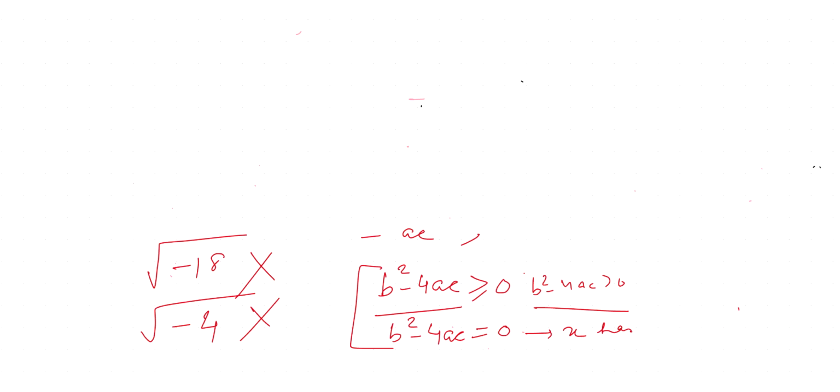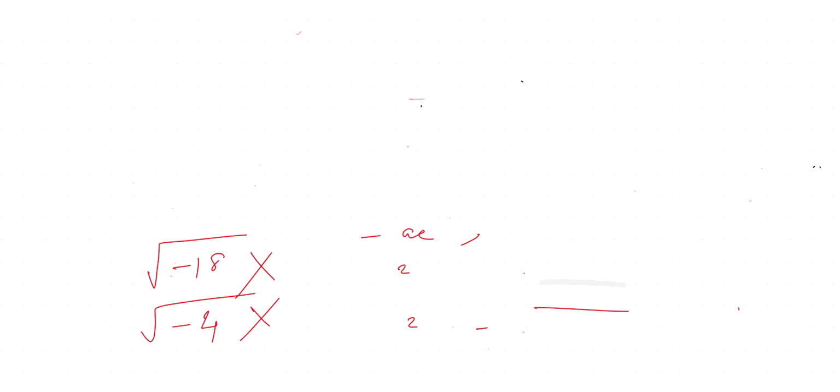Let's see from the very first example. What I've got in front of you is an equation x squared plus 7x plus 8 is equal to 0. Find out the nature of x.